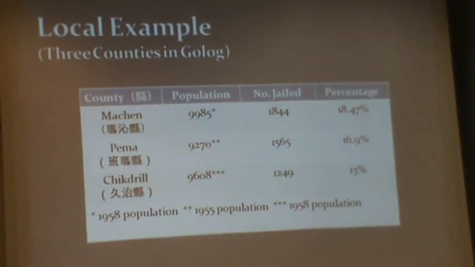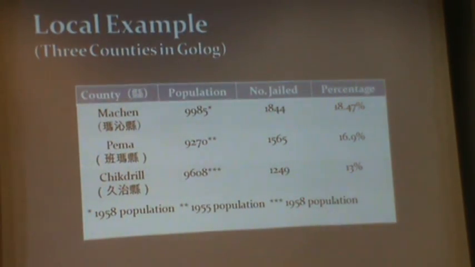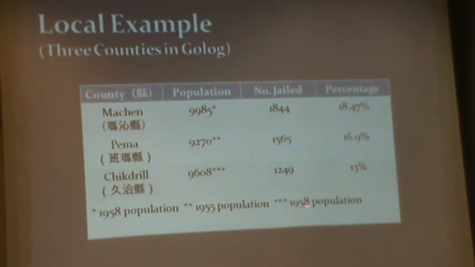If you go to the tribal level, it will be even higher than that. Here we can see 18%, nearly 19% of the population in Machu was in jail. This comes out very high, but this is all from openly published materials and figures. So I'm not sure whether it is true or not, but this is what we can find.